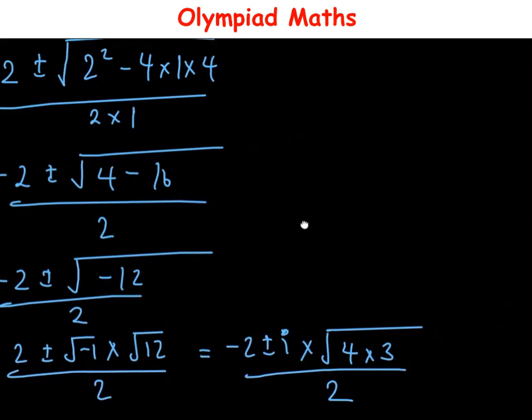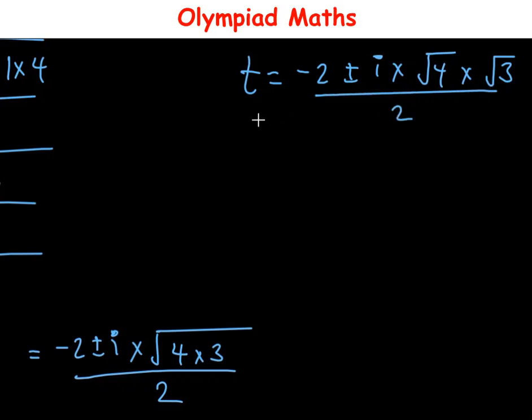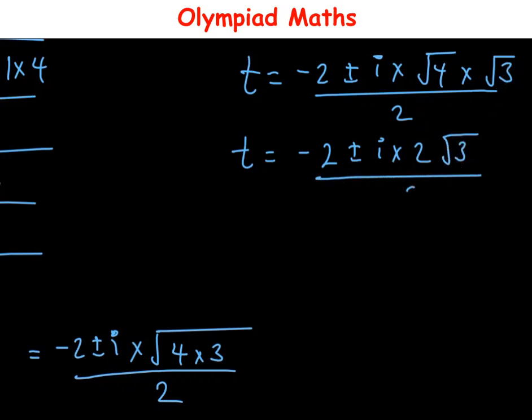So with this, the value of t is equal to minus 2 plus or minus i times root 4 times root 3, then all over 2. From here, the value of t equals minus 2 plus or minus i times root 4, which is 2, then times root 3, all over 2.